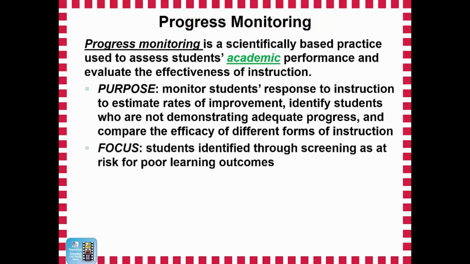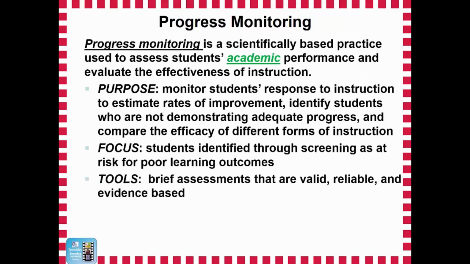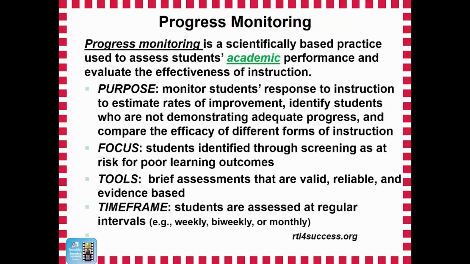It focuses on students identified through screening as at risk for poor learning outcomes. The tools consist of brief assessments that are valid, reliable, and evidence-based. And the time frame is students are assessed at regular intervals, for example, weekly, bi-weekly, or monthly.